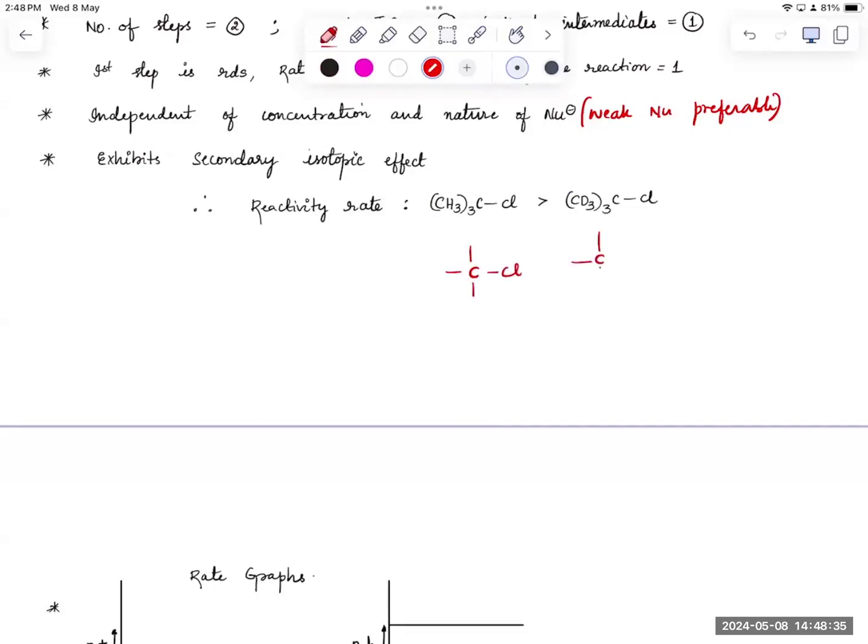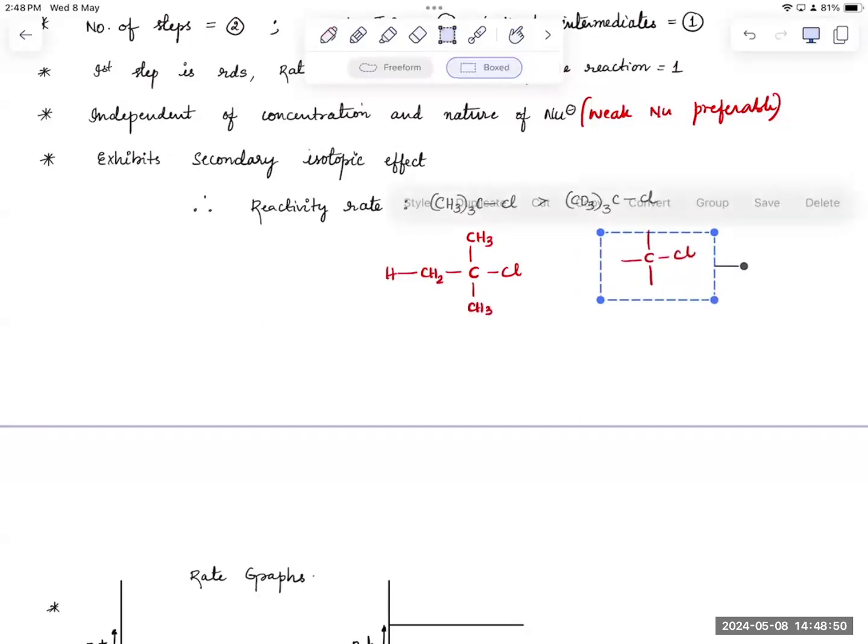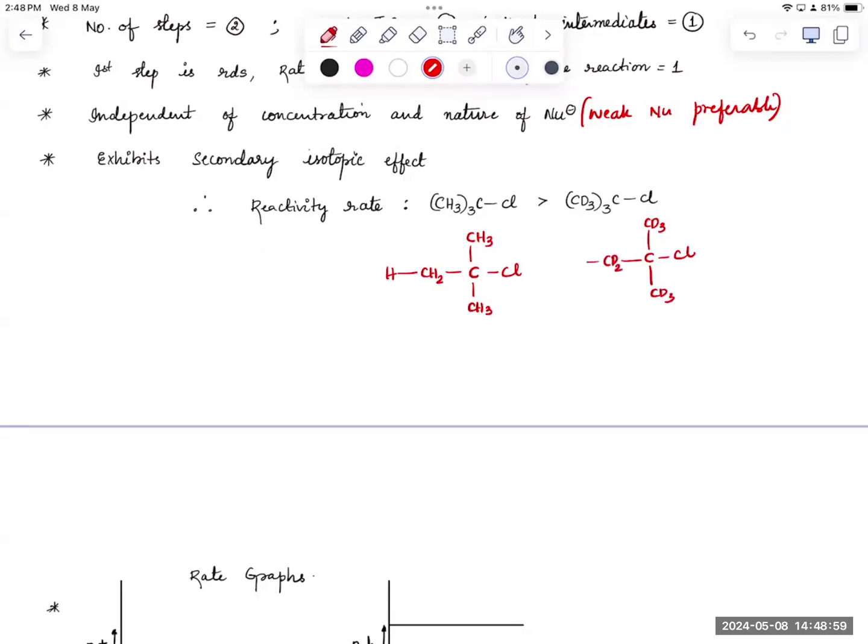Here also we have carbon with 3 methyl groups, then chlorine. But here this is CH2 with H and CH3, while here this would be CD3, CD3, and CD2 with D.